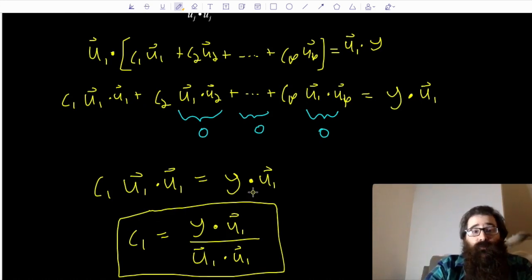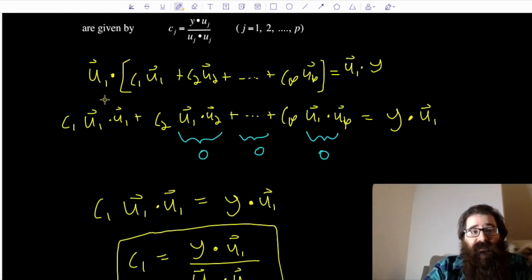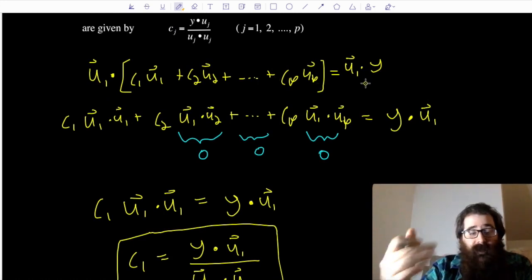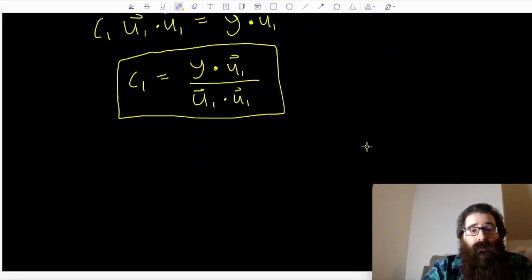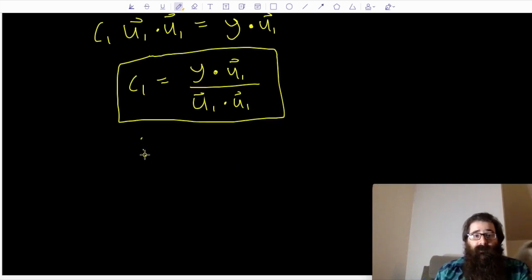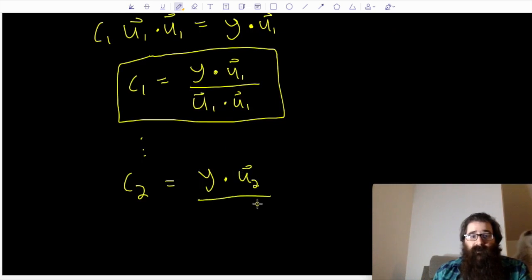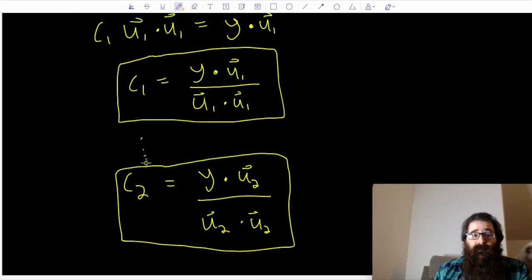Now I could go through the same process. So if I dotted with u sub 2 on both sides and went through the same exact identical process, we would be able to show then that c sub 2 is equal to y dotted with u sub 2 divided by u sub 2 dotted with u sub 2. And I could show this then for all of the coefficients.